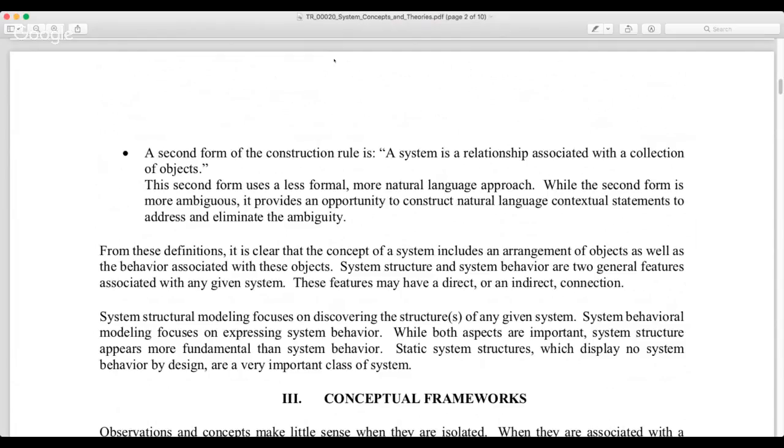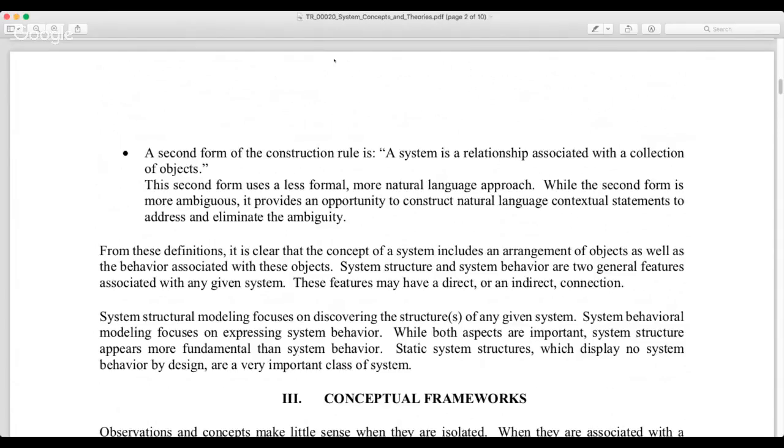It's my understanding that Cantor and some of the folks that started working with set theory actually started out with the idea of a collection of real world objects. So we're stepping back and saying we're going to be dealing with a collection. A collection is less formally defined than a set, and that allows us to introduce some ambiguity, but also allows us to use natural language contextual statements to address and eliminate that ambiguity in the process.